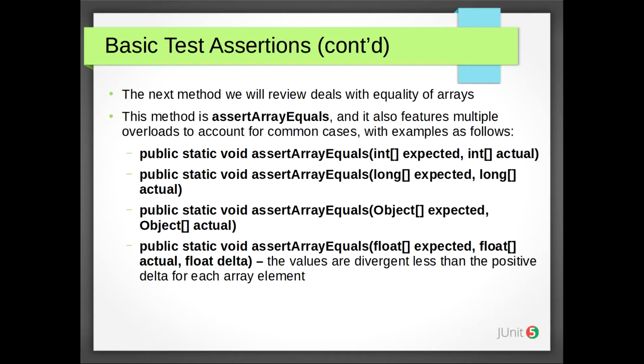The values are divergent less than the positive delta for each array element for this last method. So array values do not have to match, they just have to be divergent less than the positive delta.